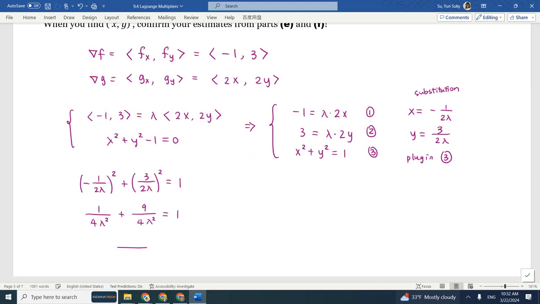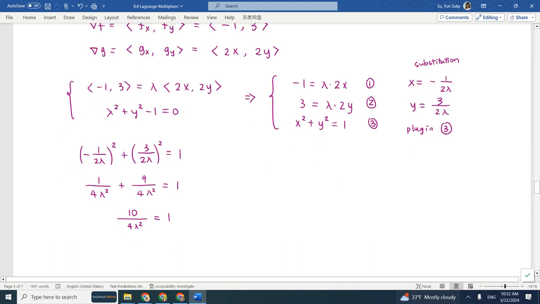What is 1 plus 9? Great, everybody. What do we do next? So we flip it, or we multiply by 4 lambda squared on both sides.